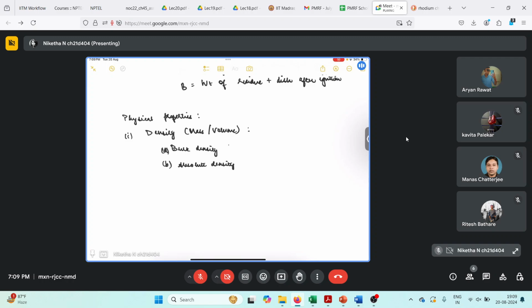The difference between these two is that bulk density includes the pore volume, and absolute density excludes the pore volume. So therefore, usually the absolute density will be slightly higher than the bulk density, because when we say mass by volume, if we exclude the pore volume, generally solids will have higher density.